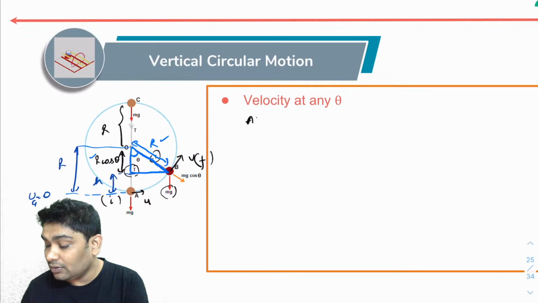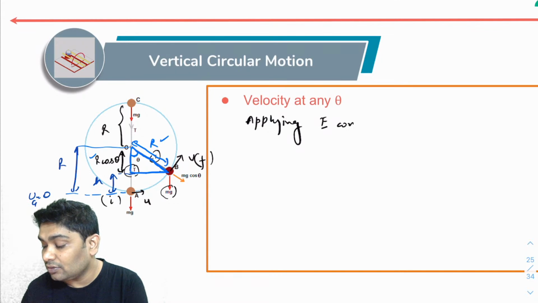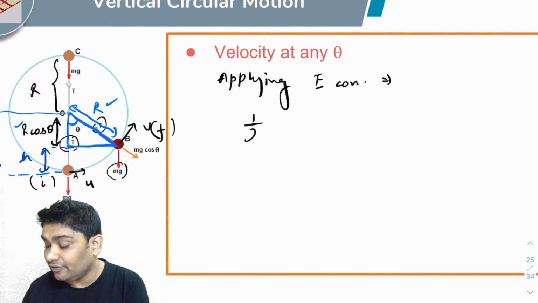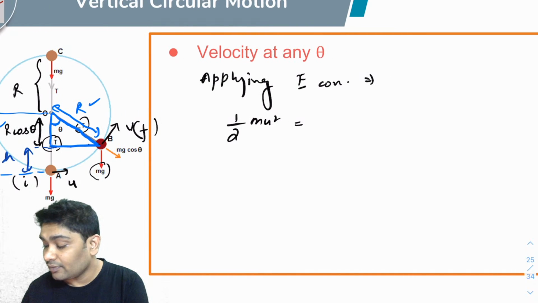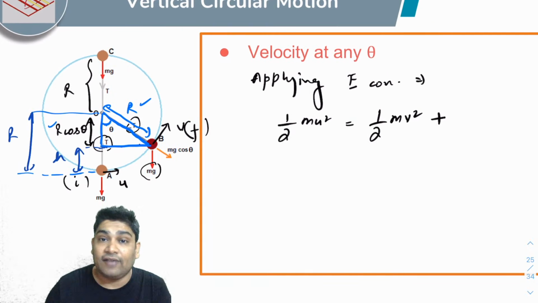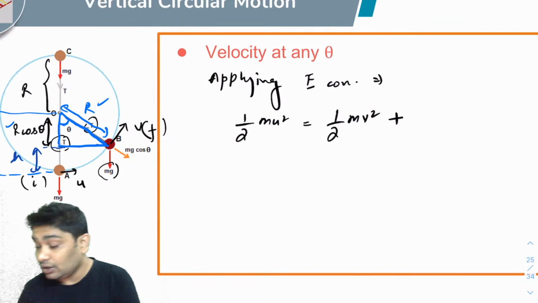So applying energy conservation, let's see what we have. We get that half m u square should be equal to half m v square plus this guy would have had a potential energy of mgh, right?